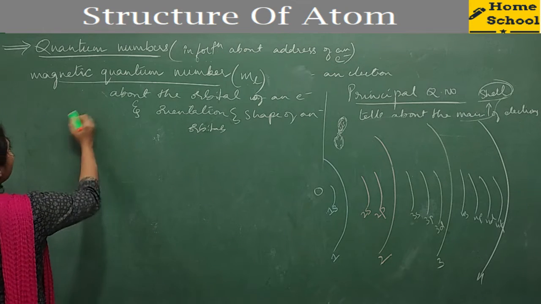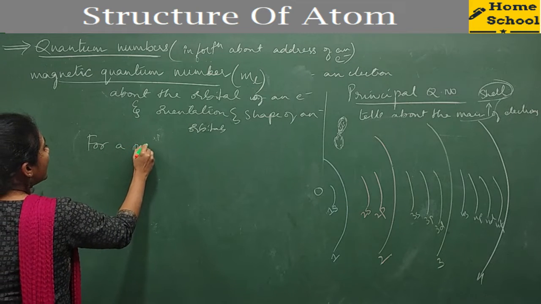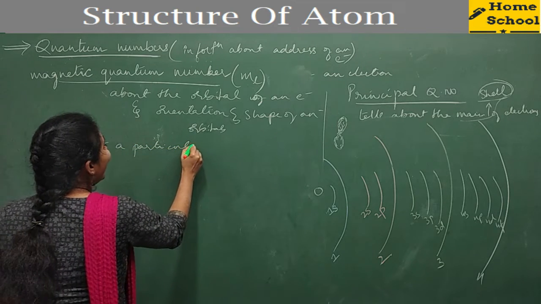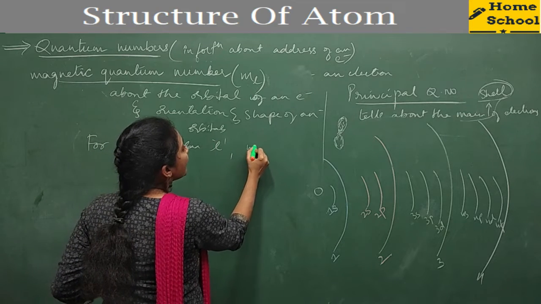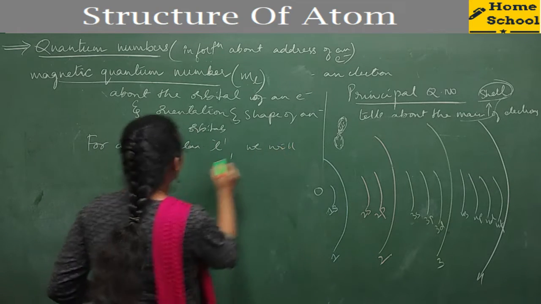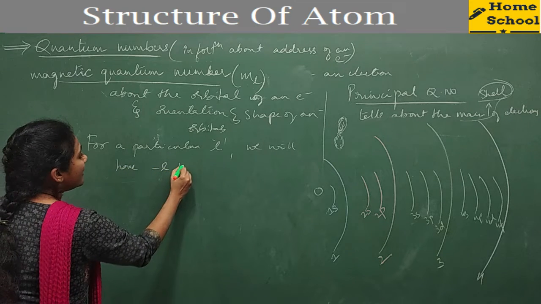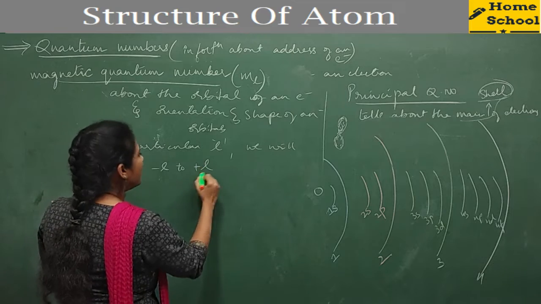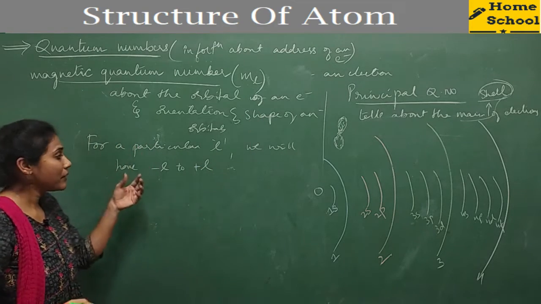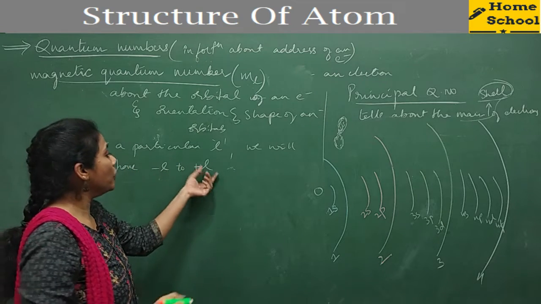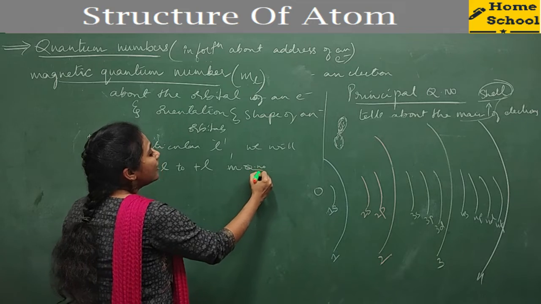So for a particular L value, we will have minus L to plus L magnetic quantum number values. Okay, so minus L to plus L magnetic quantum numbers are available.